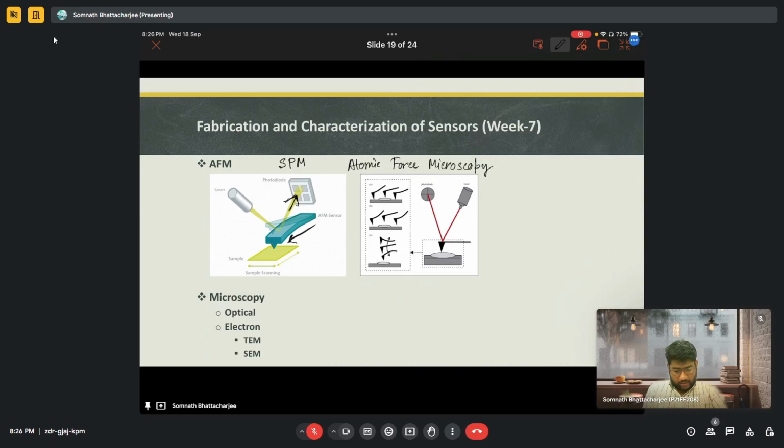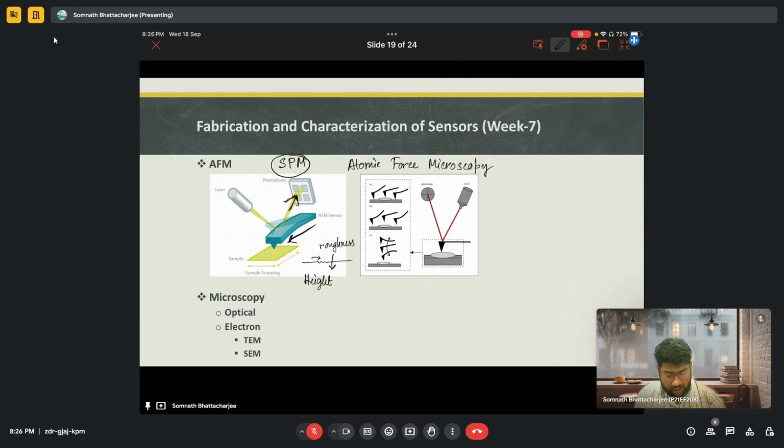While it's scanning, there will be a shift in your sensor, and based on that, the roughness is recorded through this light sensitive part. Apart from roughness, it can also measure height and these kinds of things.